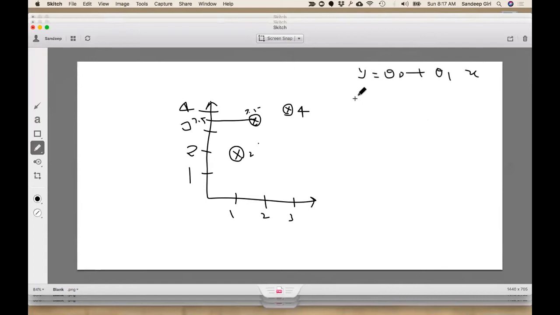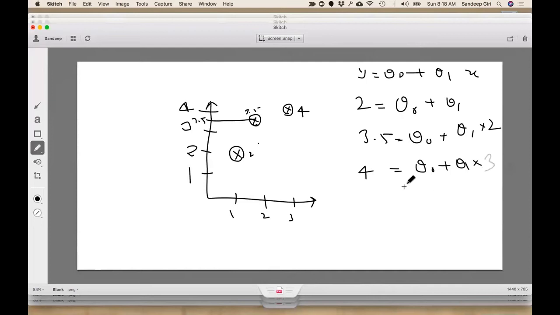So this 2 is theta naught plus theta 1 into 1, and 3.5, the second data point, is theta naught plus theta 1 into 2, and 4 is theta naught plus theta 1 into 3. So we now have two variables to find, theta naught and theta 1, while there are three equations, correct?